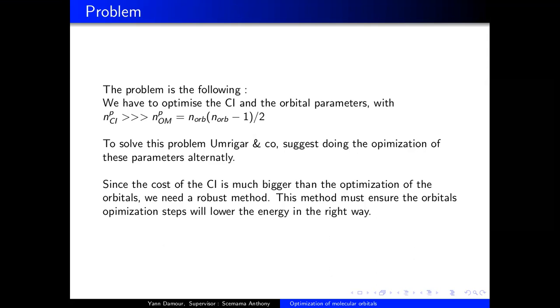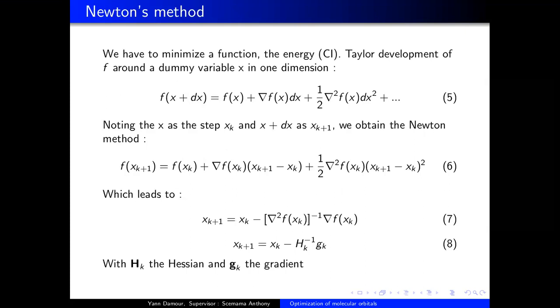So we have to ensure that we use a good method, a robust method. So this part may be very easy, but it's a good reminder.